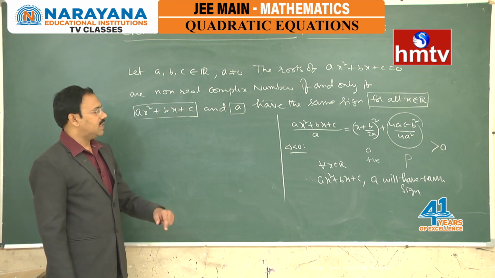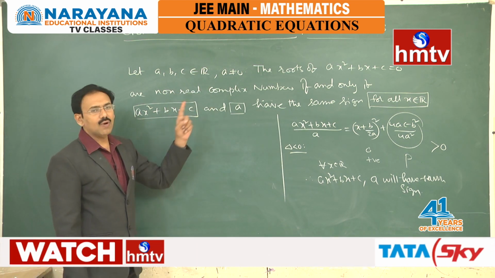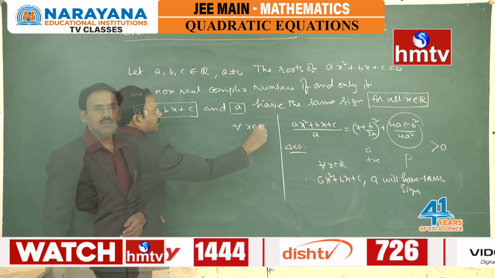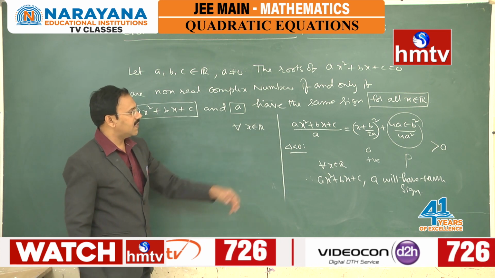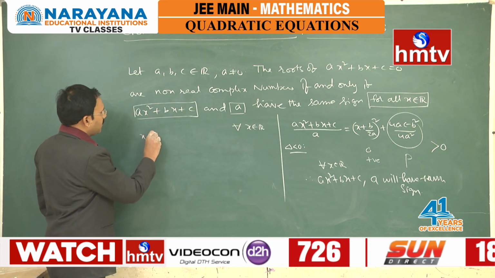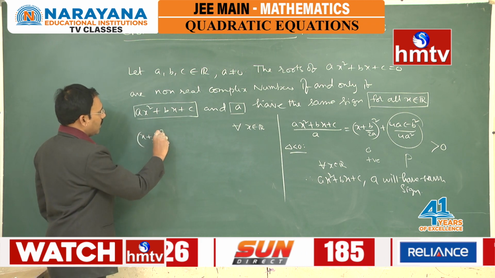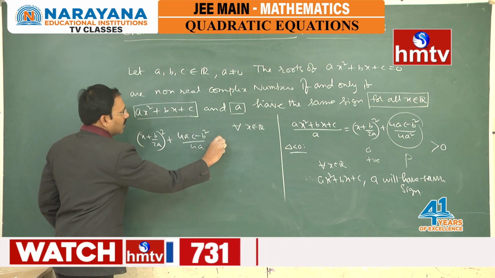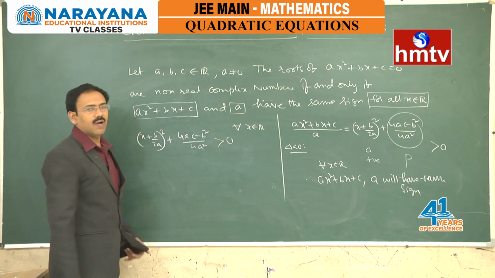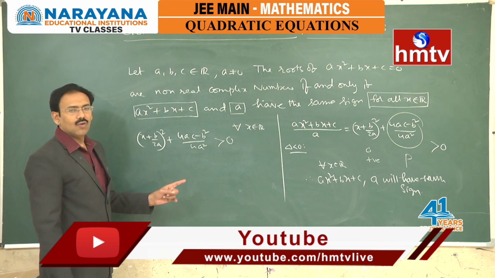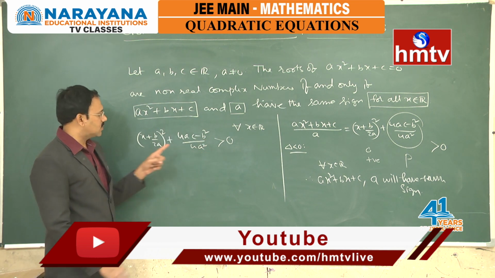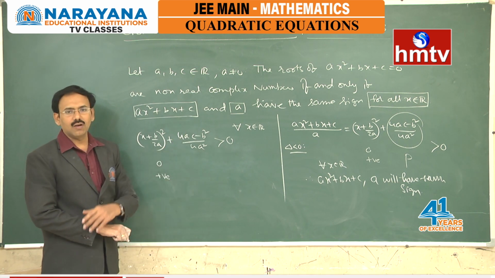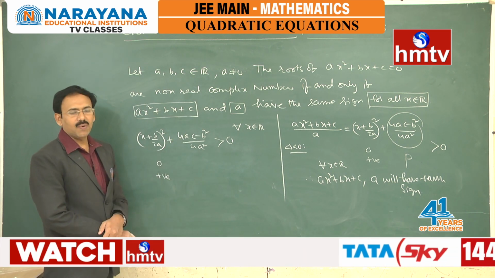Now, conversely, let us suppose that these two have the same sign for all x belongs to R. In that case, by that relation, x plus b by 2a whole square plus 4ac minus b square by 4a square is always positive for all x belongs to R. We know that the square term can be 0 or positive. 4a square is positive.